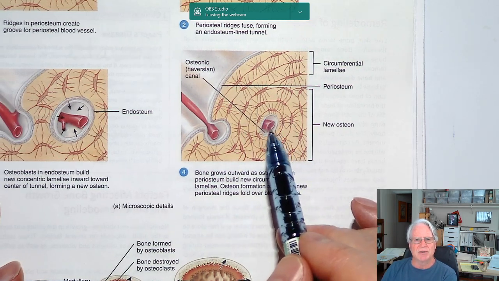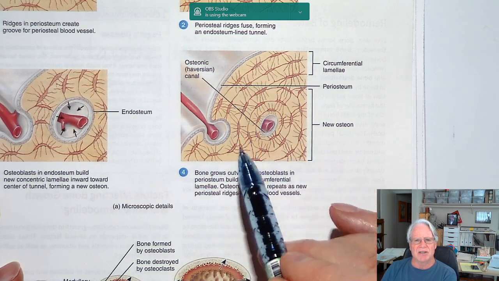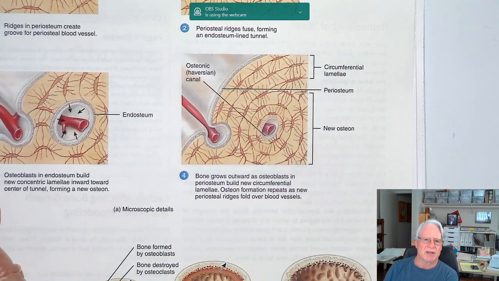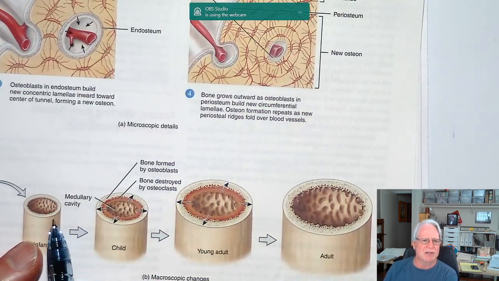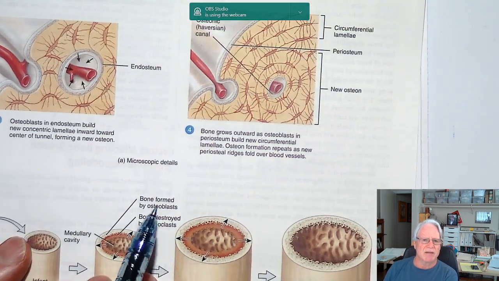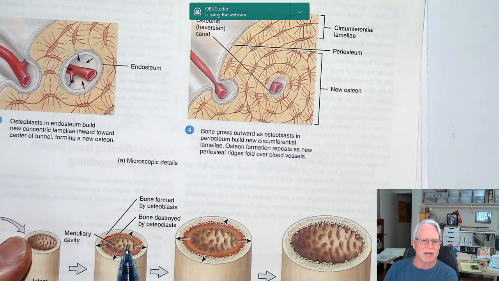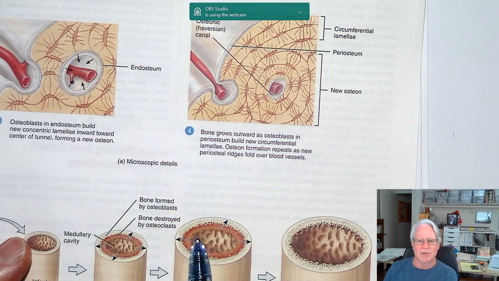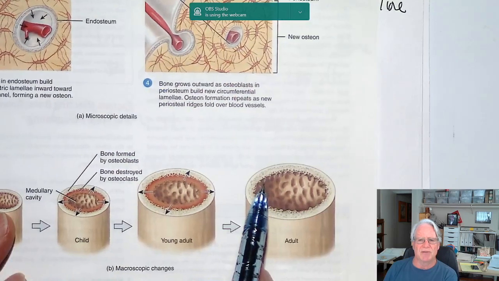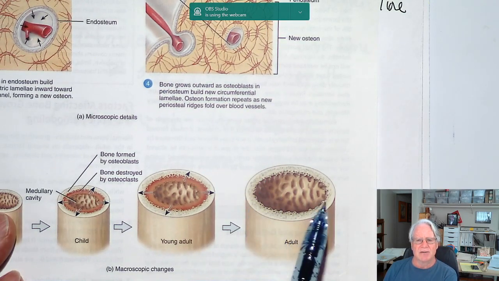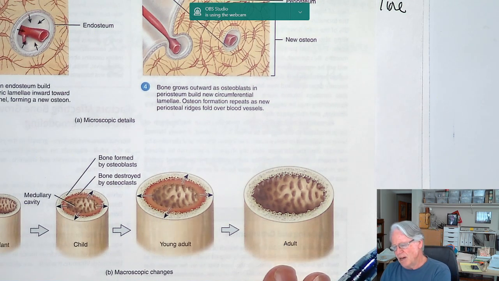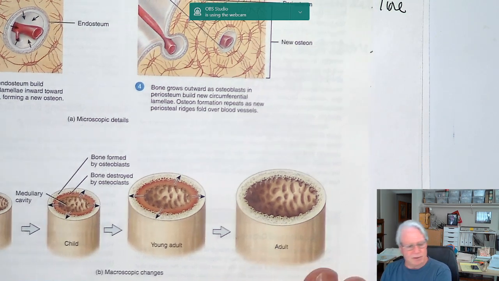So we get our central canal and our osteon in that process. We're simply going to build out the wall in that fashion. And at the same time, on the inside wall, as I mentioned, we're going to take away material until we finally get to the adult bone, where we have the right size medullary cavity and the right thickness for the wall of the shaft, the diaphysis of the bone.